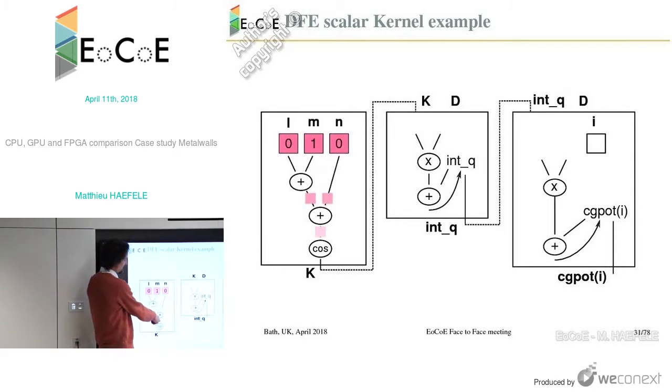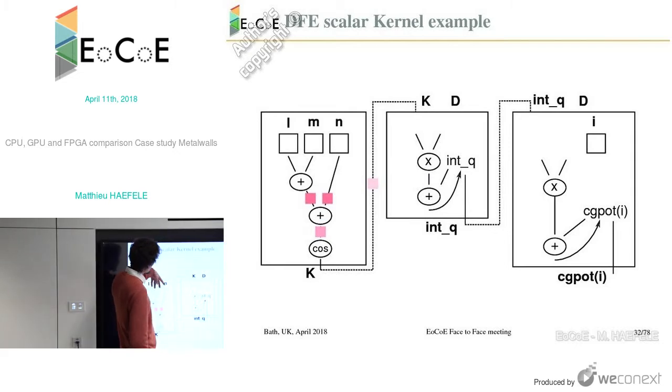Then here I have L plus M plus N for the first value. And then you generate the third one. Then I can do the cosine here while the others are still flying in. And for now, this kernel is idling, waiting for inputs.